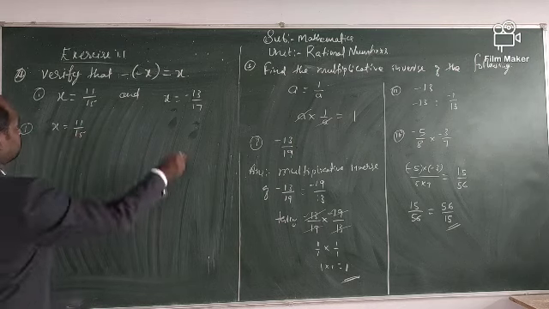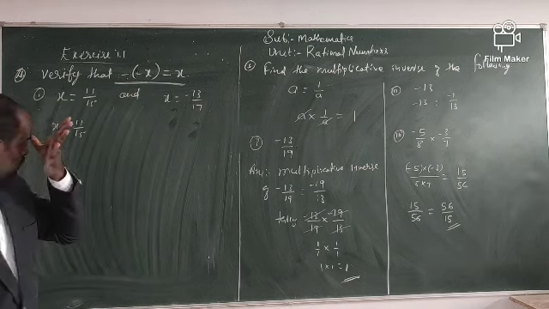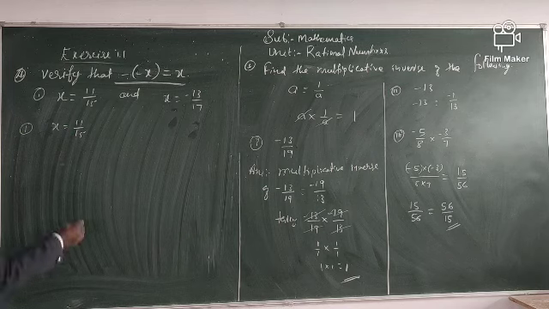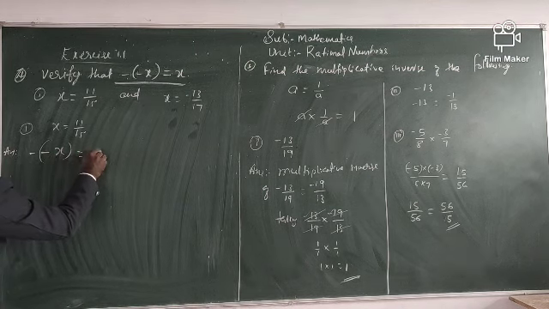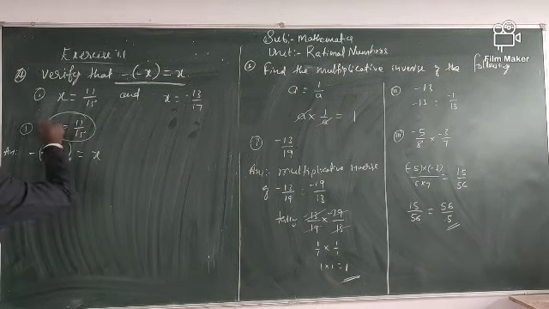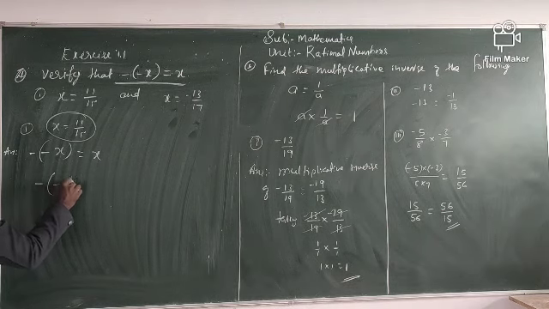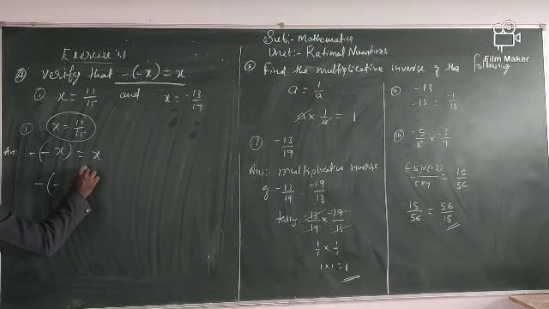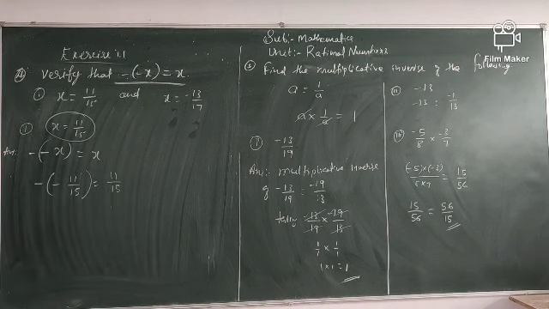See here, first one, x equal to 11 by 15. In this equation, minus of minus x is equal to x. In the place of x, we have to substitute 11 by 15: minus of minus 11 by 15 is equal to x, whose value is 11 by 15.